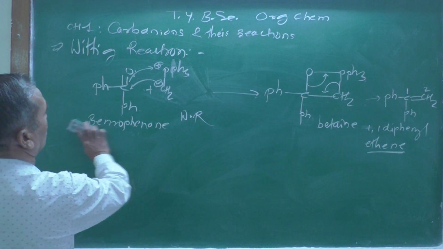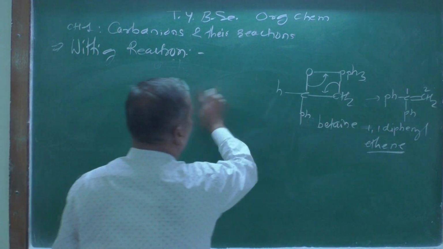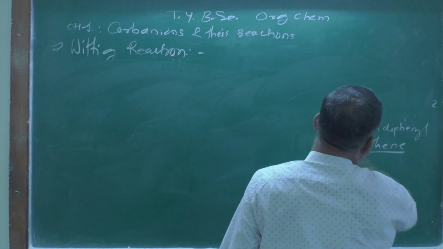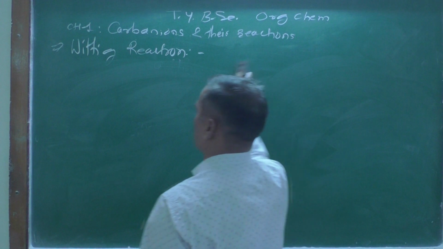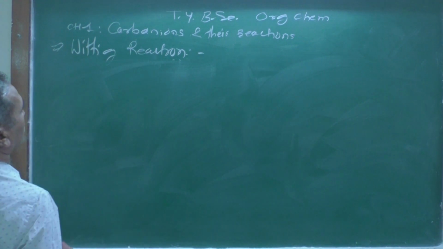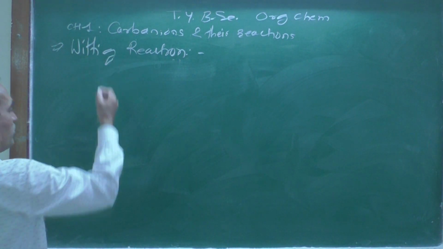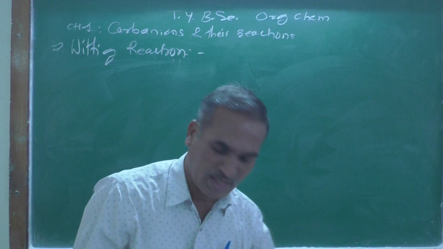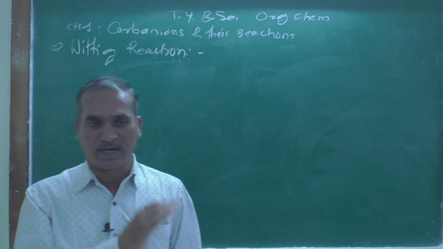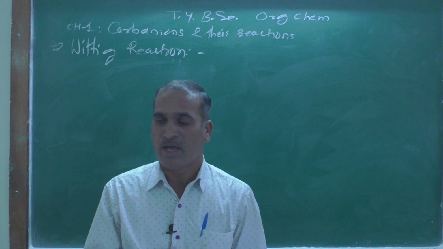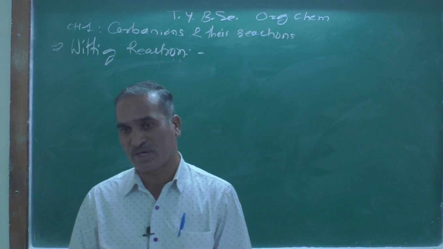So let us see how you will prepare the Wittig reagent. That is an important thing you must remember, how to prepare the Wittig reagent, similar to the Grignard reagent, as you might know, how it is prepared and what the applications of the Grignard reagent are.